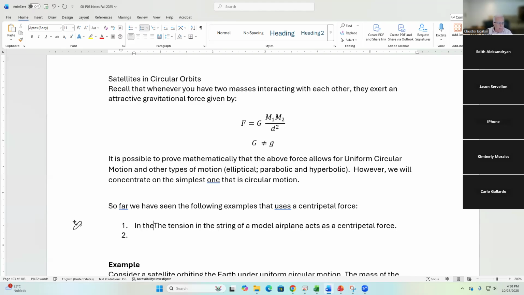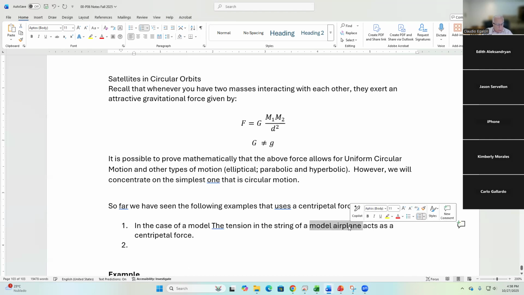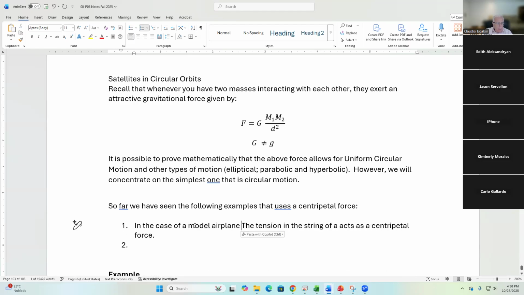In the case of a model airplane undergoing UCM, the tension in the string attached to the airplane acts as a centripetal force, right?